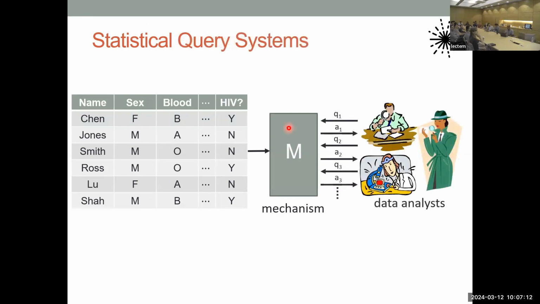It also includes query systems where you don't make a one-shot publication on a data set, but analysts who want to analyze the data can issue queries of their choice. For example, give me a regression on a particular set of variables and get answers. And somehow differential privacy is the mechanism here, the interface is supposed to ensure that we can provide useful answers, but not compromise the private sensitive information in the data set.